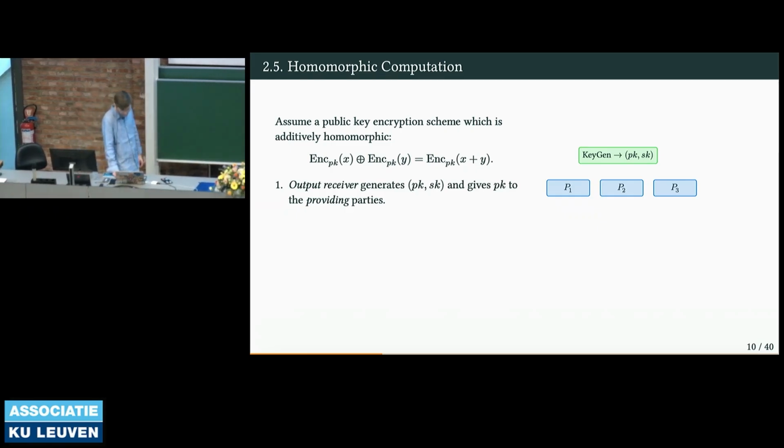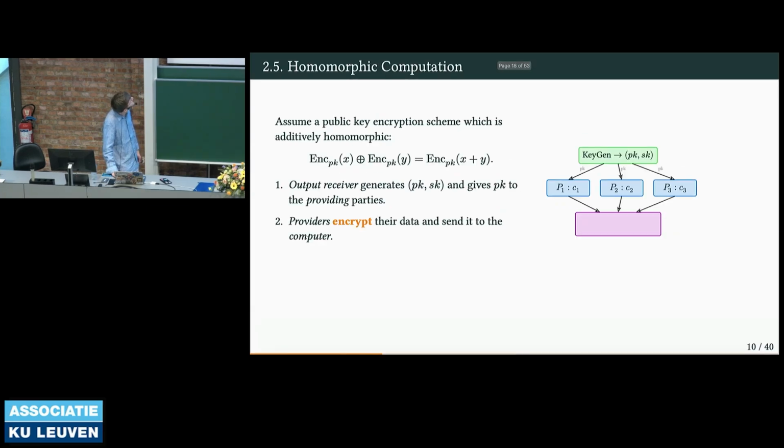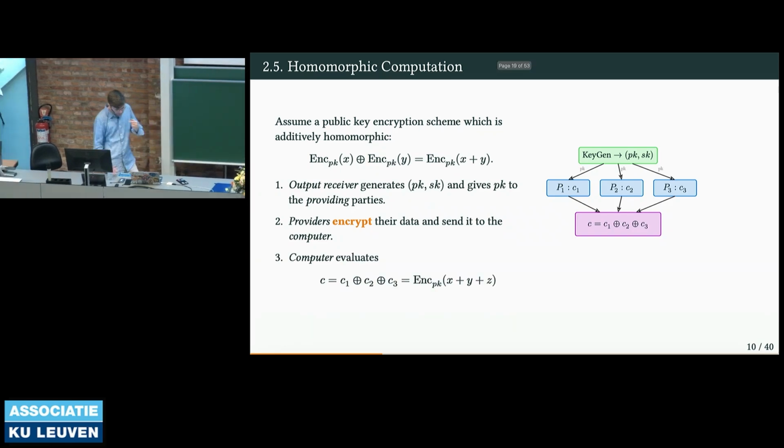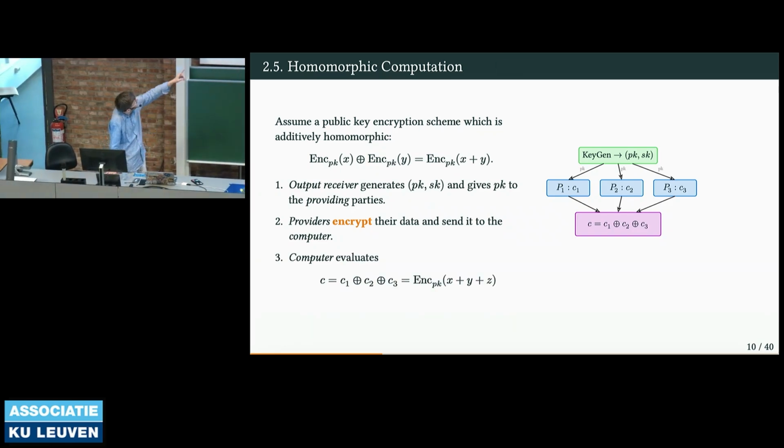They're going to give the public key to the parties. When they get the public key, the providers, maybe on behalf of the owners, can encrypt their individual data into a ciphertext each, and then send it to the computing party. And then that computing party is going to evaluate, in this case for example, just computing the sum.